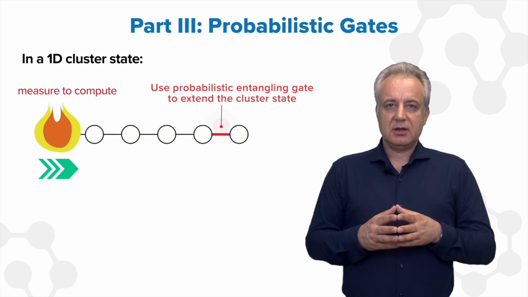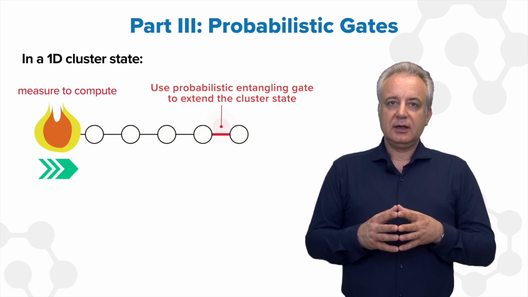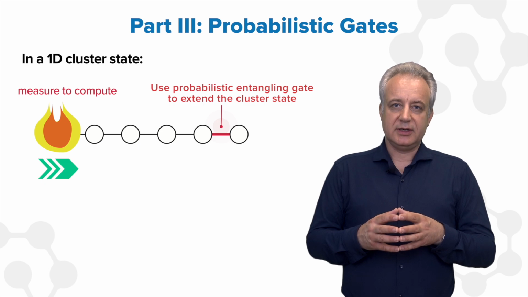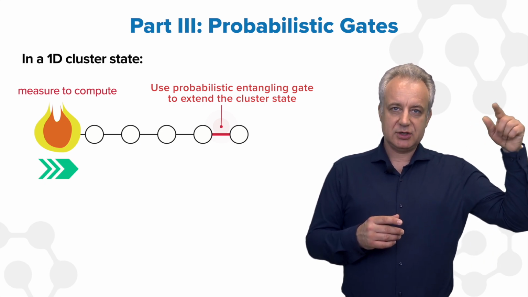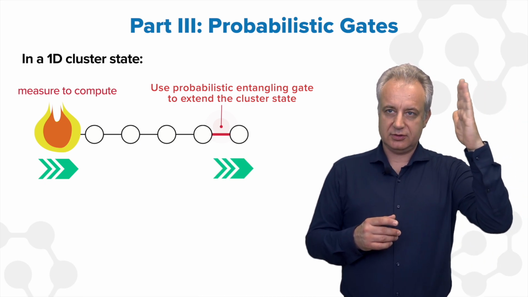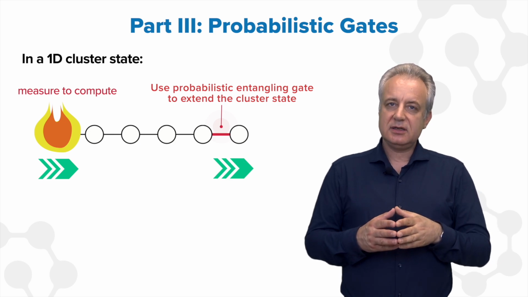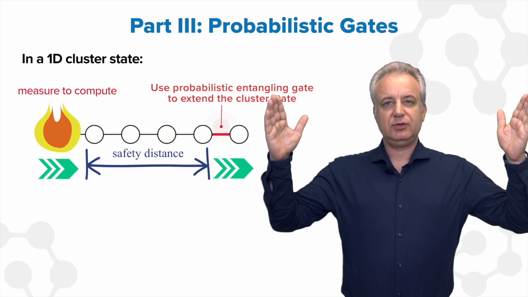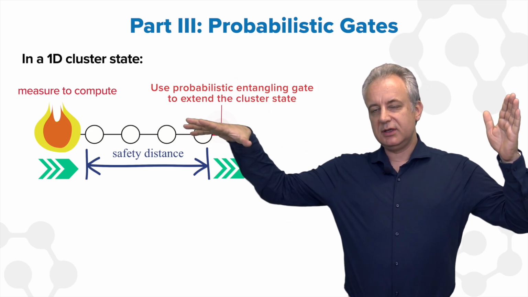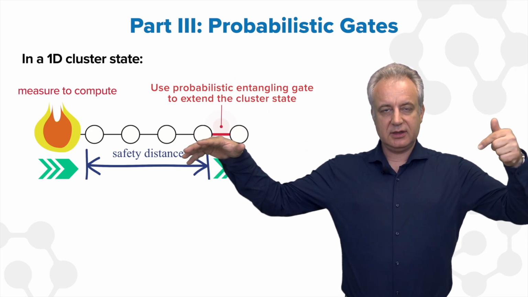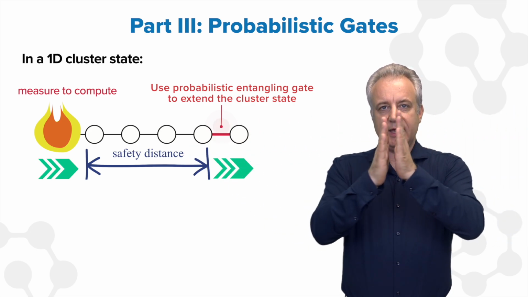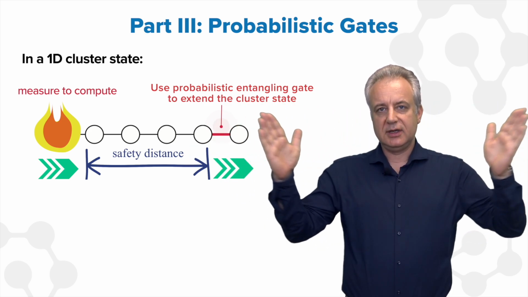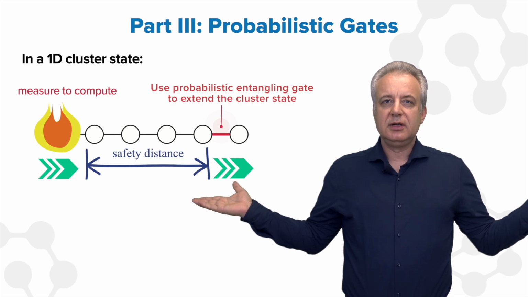And so the bad thing that could potentially happen is that while you're doing the measurements, there's no cluster left to go to. Well, that is easily avoided by putting a safety margin between the two ends. You are growing on one end, you are reducing the cluster state on the other, and you have the safety margin in between. So that's all you need.